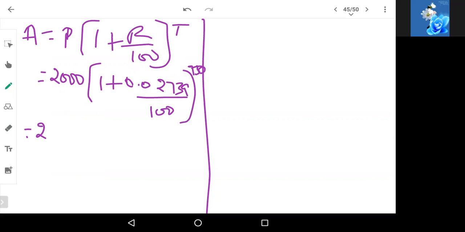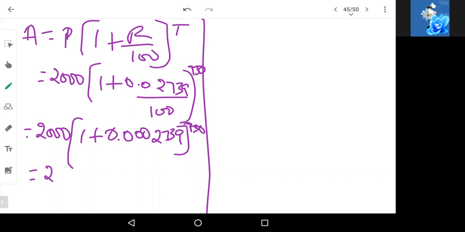So 2000 into 1 plus 0.0002739 to the power 730. 2000 into 1.0002739 to the power 730.